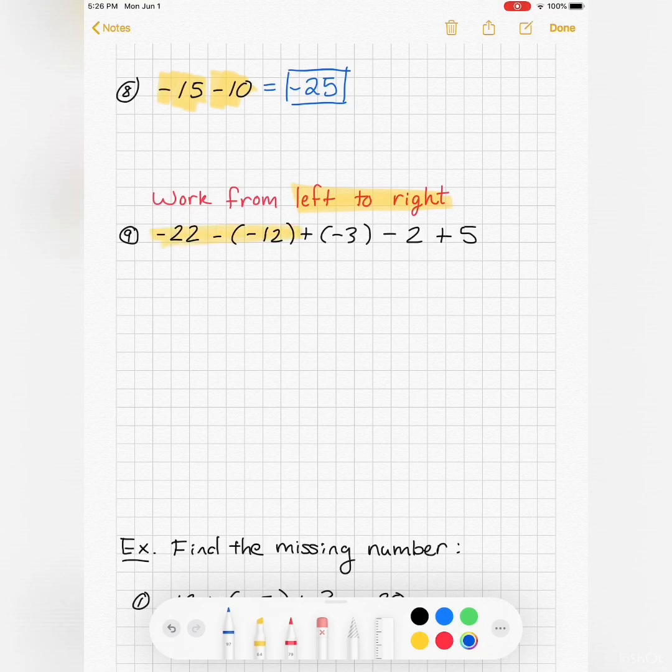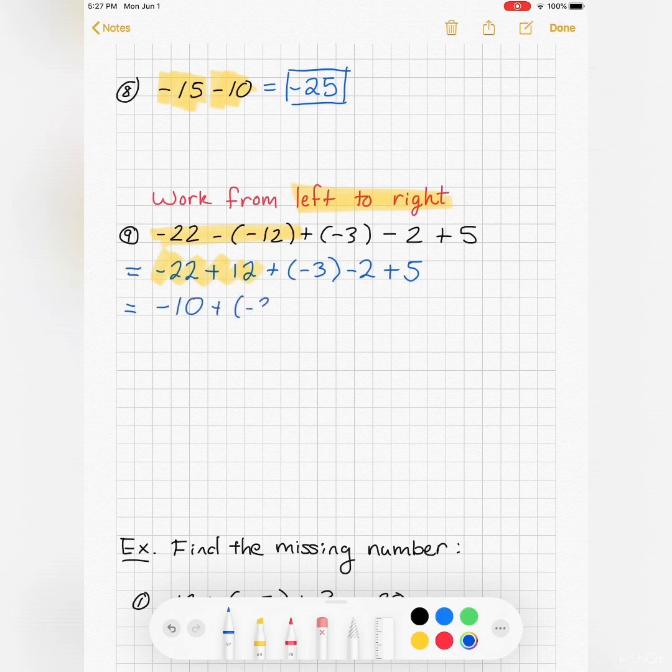So there I've got negative 22 plus 12. Just going to go ahead and bring the rest of the expression down as it is. Still going to work with the first two terms. Negative 22 plus 12. So I'm $22 in debt. I pay back 12. Now I'm $10 in debt.